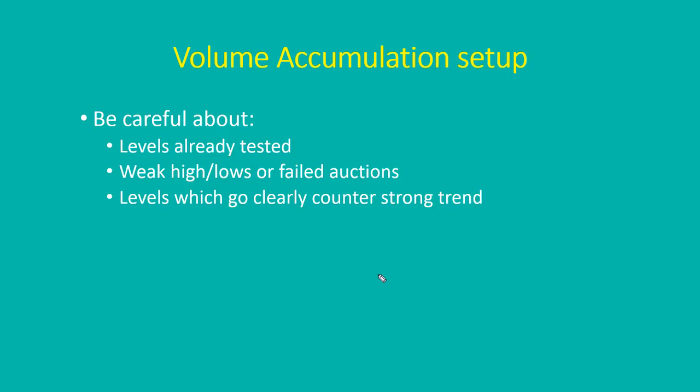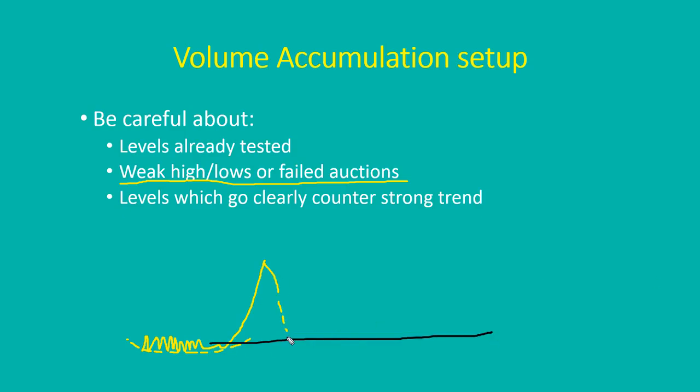The second thing you need to be careful about is weak highs or lows, or failed auctions. So if there is some rotation, but there's a weak low in here, then it's very risky to enter the level in the rotation, to enter the long from there.